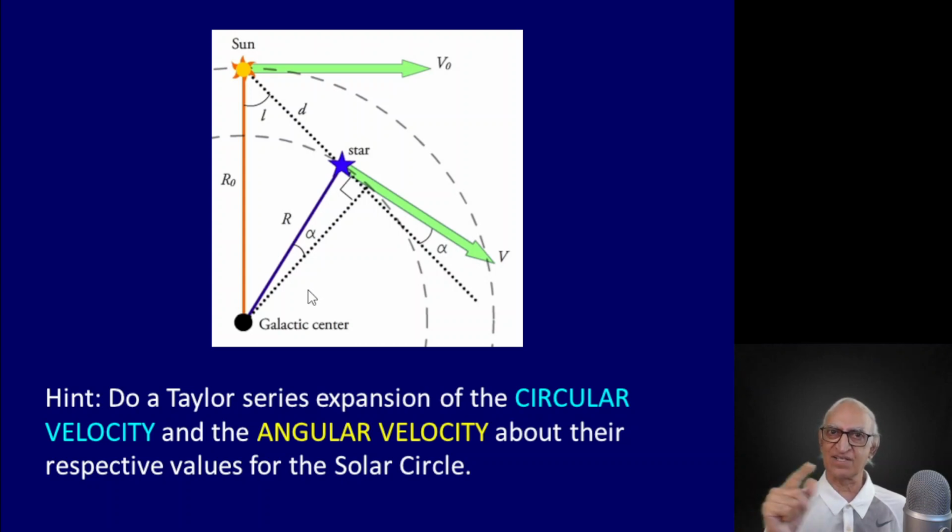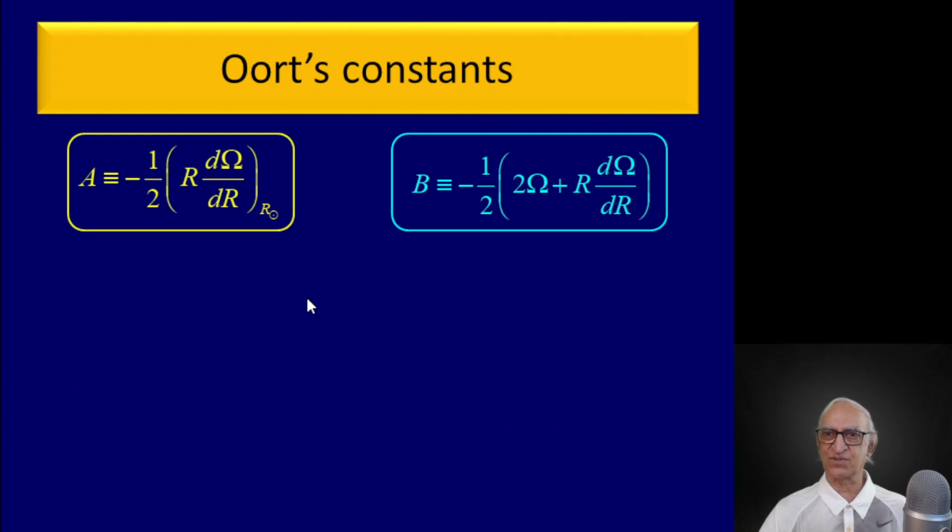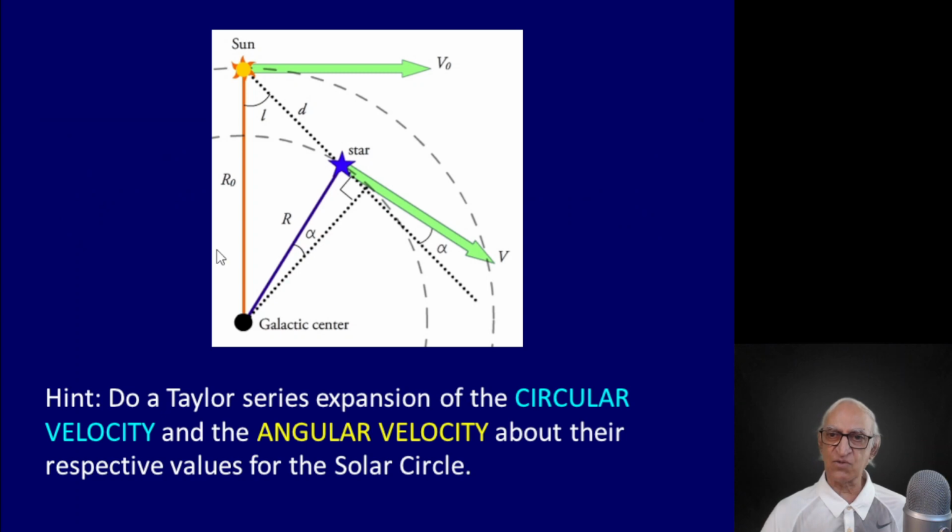Therefore, it is not sine L or cosine L, it is sine 2L, and that comes from very simple trigonometric identities, and you can convince yourself that these expressions come from a simple Taylor series expansion of the value of the angular velocity of the sun about, and the gradient of it about, the value at the solar circle.